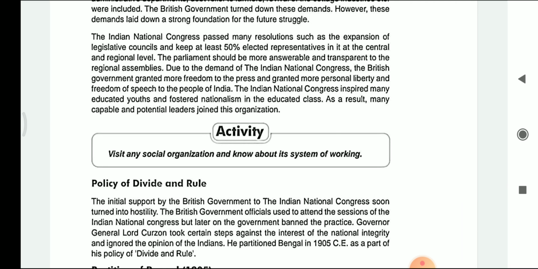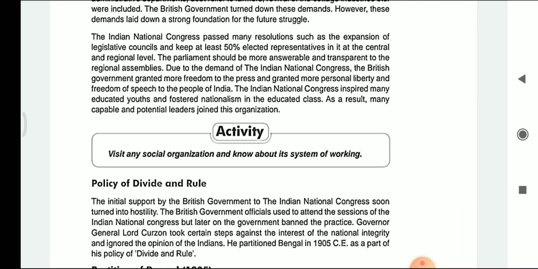So, the resolutions were the expansion of the Legislative Council and keeping 50% of the elected representatives at the central and the regional level Indians. The Parliament which was elected should be more answerable and transparent to the regional assemblies. That means the questions raised should be answered and the problems should be solved at the regional level.